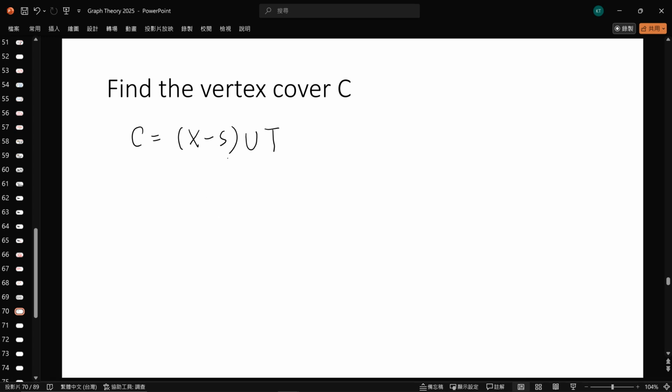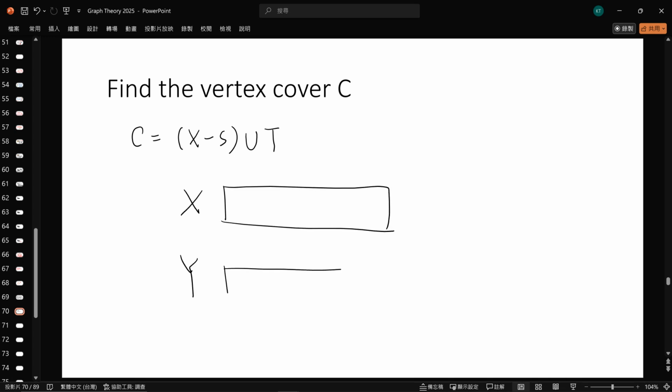We have two sets in the bipartite graph, X and Y, and we have a subset S and T. Recall that S are the vertices that you can reach using an alternating path, starting from unsaturated vertices in X. And T, similarly, are the vertices in Y that can be reached using an alternating path.